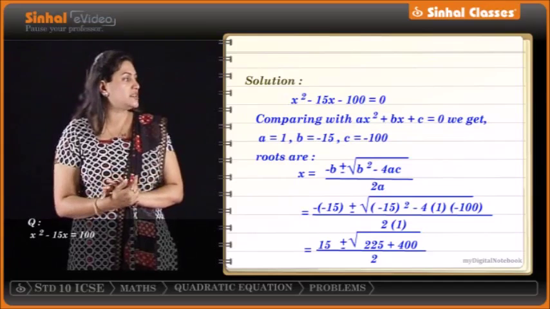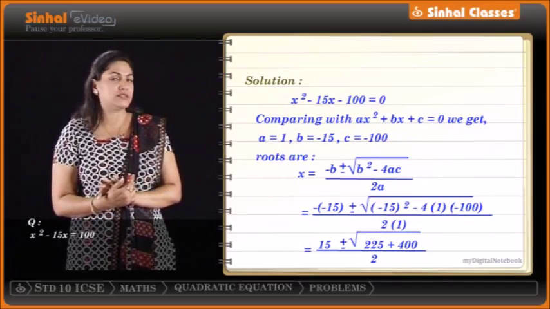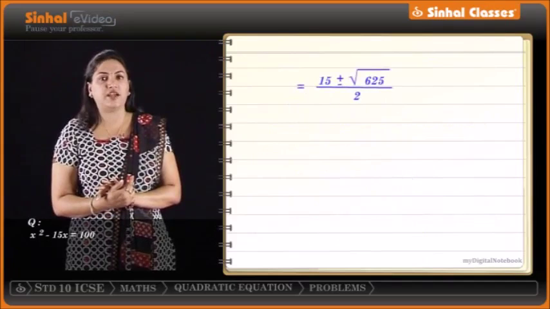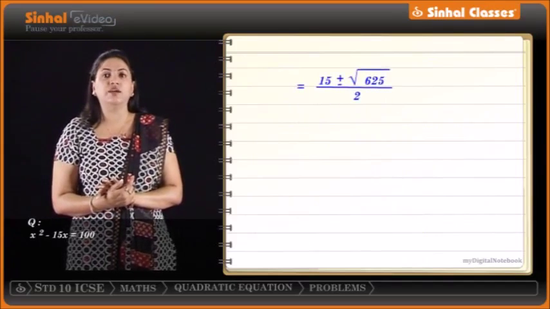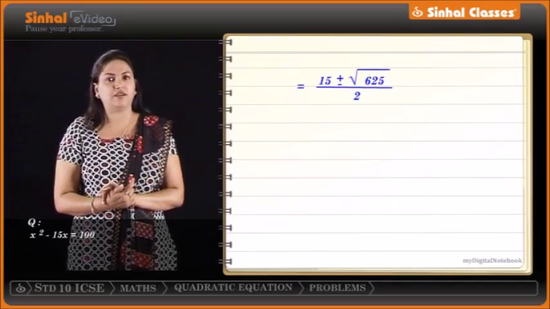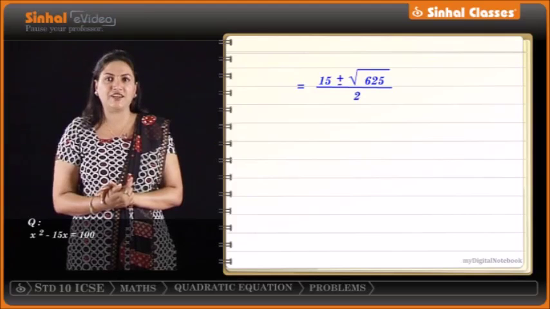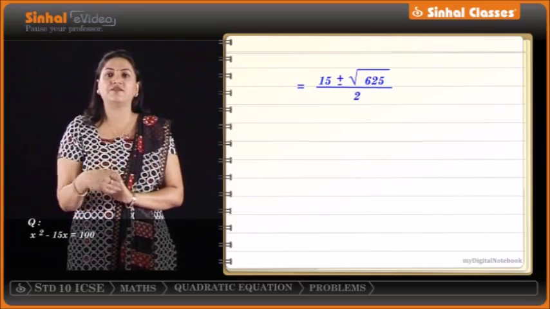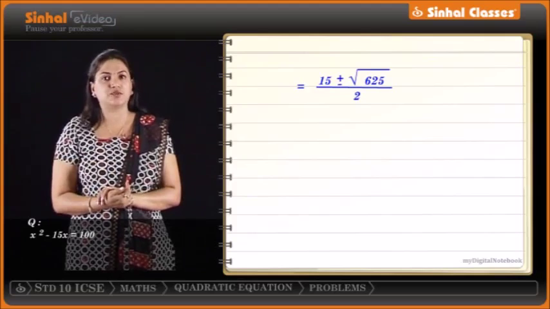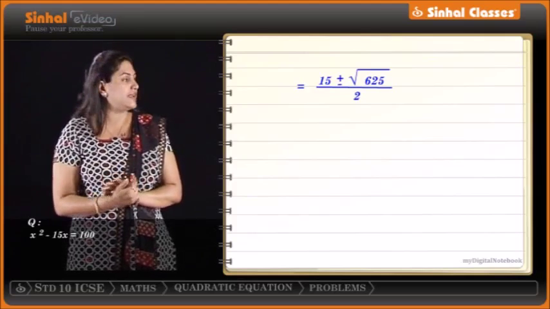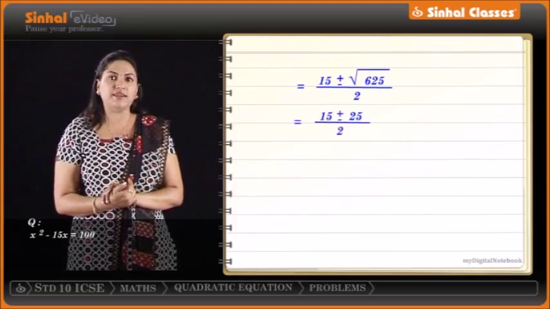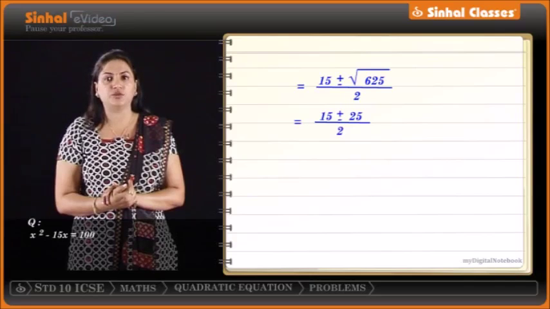We write that as 15 plus or minus root 625 upon 2. Now root 625 is 25 because 25's square is 625. We write 15 plus or minus 25 upon 2.